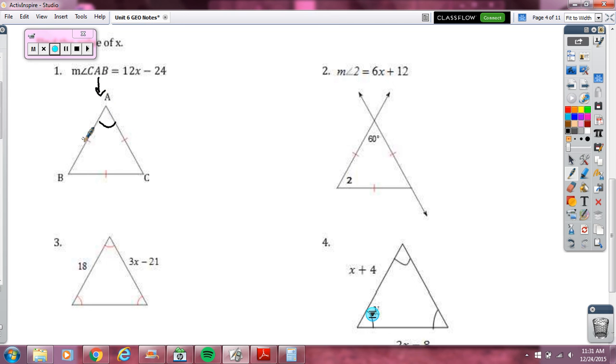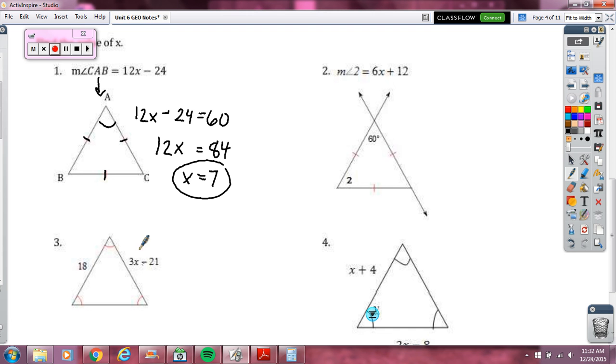I know that if this is an equiangular or equilateral triangle, then all the angles are 60 degrees. So I'm going to just set 12x minus 24 equal to 60. So I'll add 24 to both sides. So 12x equals 84 and x equals 7.